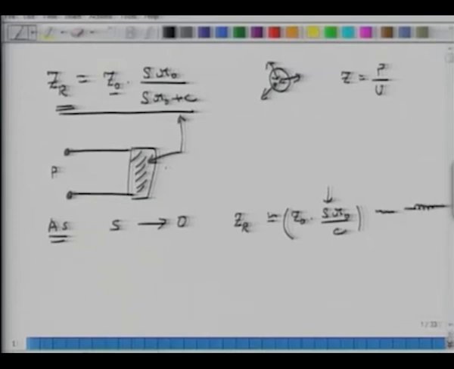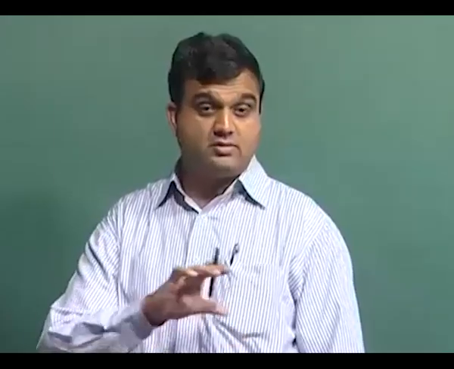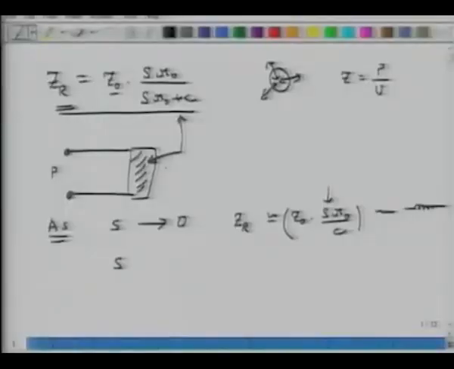Inductor in the context that Z equals P over U, so I'm in the impedance analogy land. Also, as S goes to infinity, that is, as my frequencies are very large, ZR approximates to Z naught, which is independent of frequency.